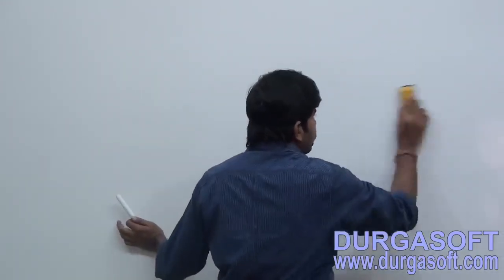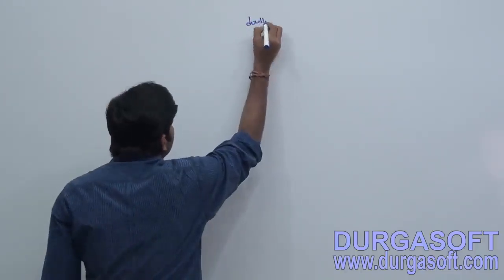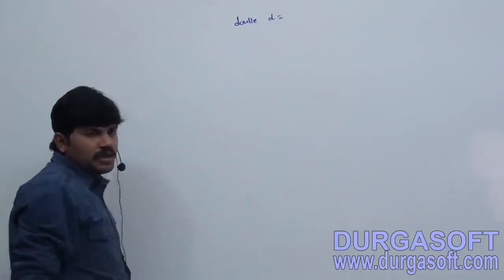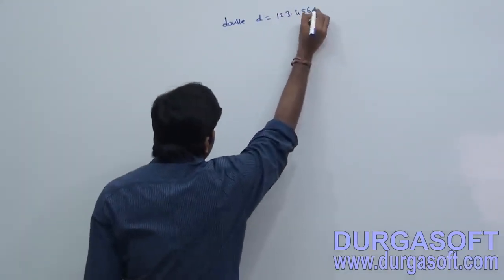Now next one. Make sure of this next point. It is also one conclusion we have. Now the next terminology, take a bit of special care. This is about float. By default, what type? Next I am taking double d = 123.456.